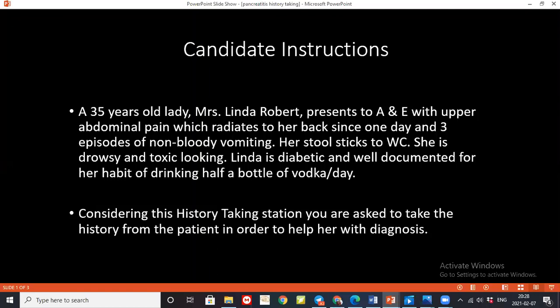So talking about this pain, you said it moved to the back, right? Does it move to any other place apart from the back? Yeah, it radiates from my upper abdomen to the back. Okay, when did you first notice this pain?